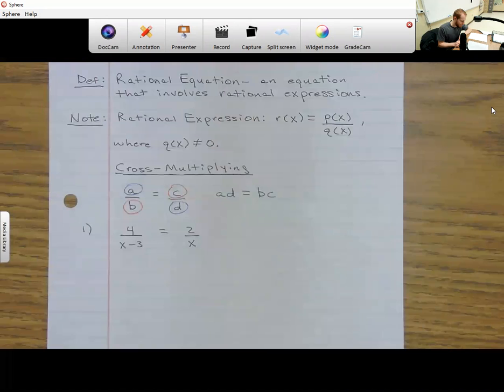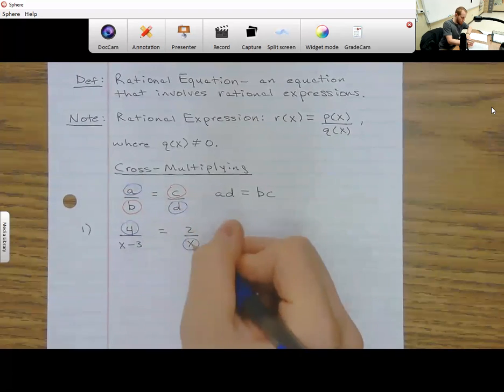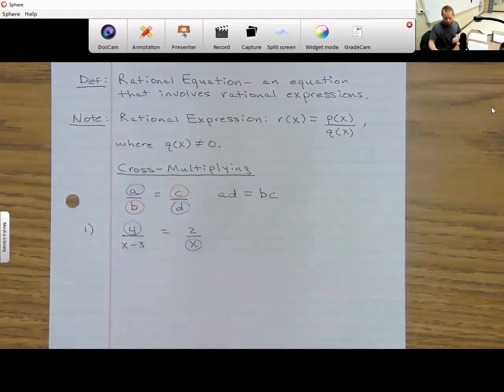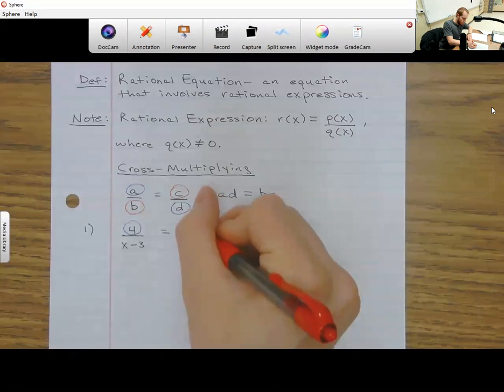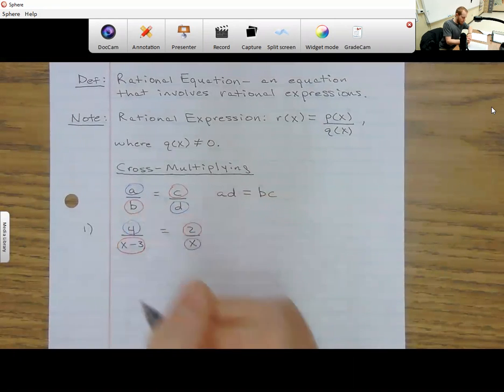So I'm going to multiply crossways. I'm going to multiply the 4 by the x, and I get 4x. Then I multiply the other way: 2 times x minus 3, and the 2 is going to be distributed to the x and the minus 3.